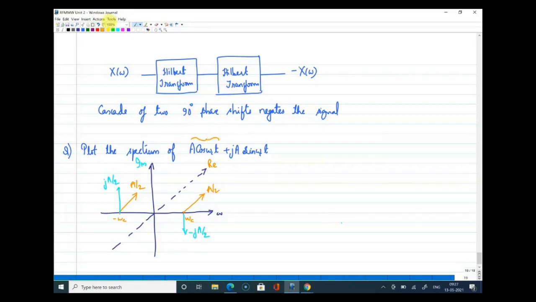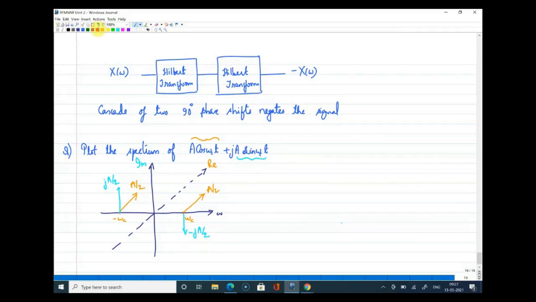You'll be wondering why I'm doing this in such detail, because this understanding will be very helpful when you work with image reject receivers. Now the sine component, A sin omega c t, can be represented by minus j A by 2 and j A by 2 at omega c and minus omega c. The only operation I need to perform is to multiply the sine components with j.